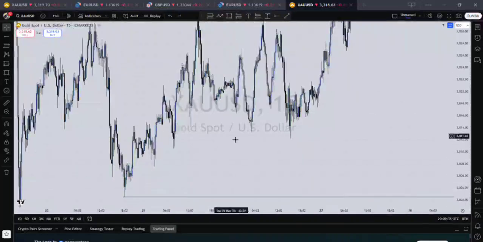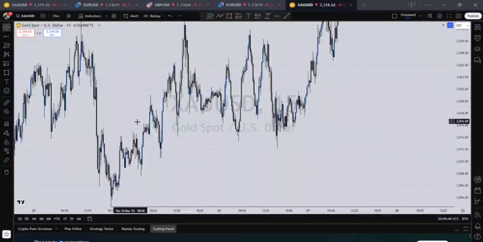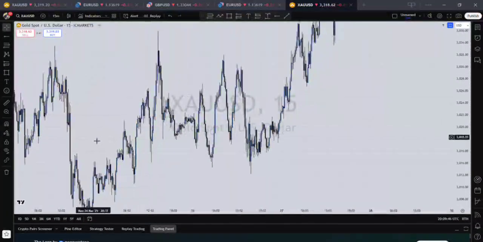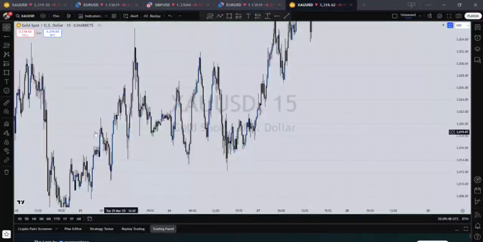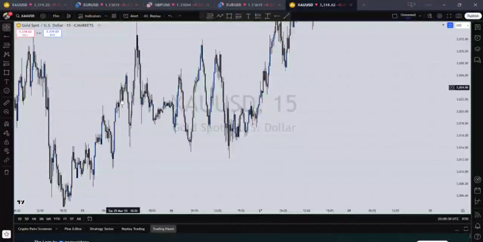Now, the structure that it formed, where is our low before the structure started forming? The internal structure started from here, right? There. Now, we have a fair value gap. We started breaking structure 1, 2, and then 3, which is okay. Now, like I told you, after the third break, we should consider the second demand.